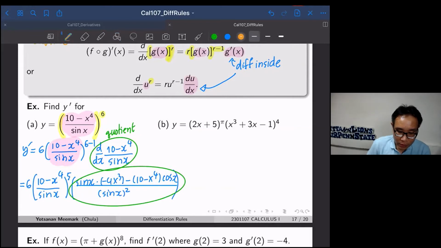Another one, you're going to have the product. So this one is the product, and you have to put this in terms of the product rule first.